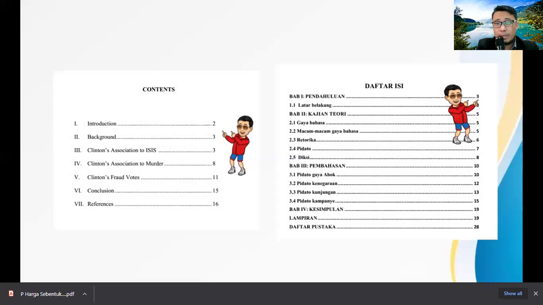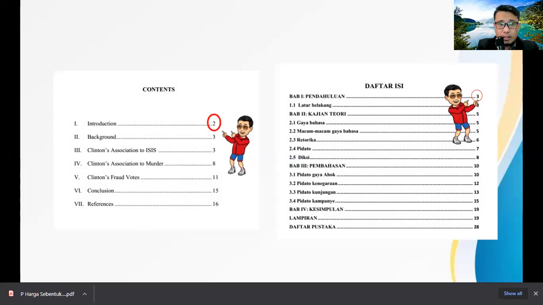So here's the thing. Let's look at the left side and the right side. I think in these two content pages, or daftar isi, something is wrong, which is not following the format. If you can see, the pendahuluan is already on page 3, when it is supposed to be page number 1.